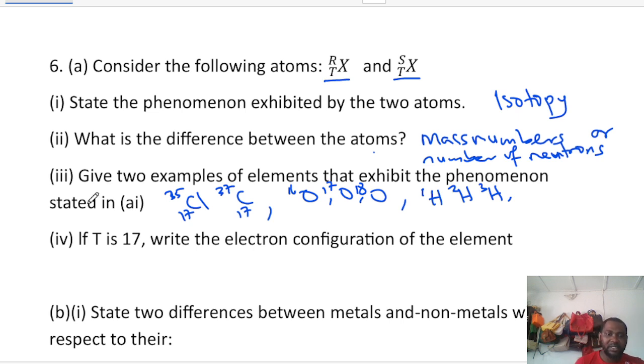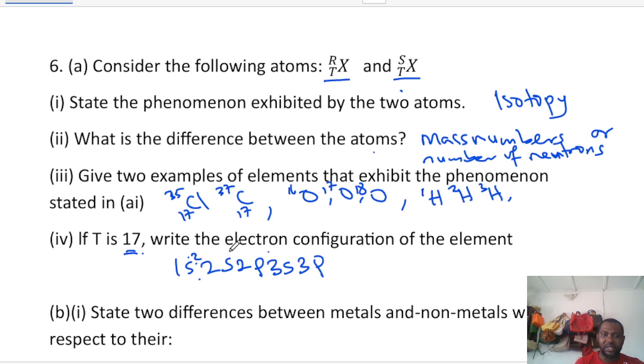Now the next one says if T is 17, that's the atomic number, write the electron configuration for the element. 17 means that it's going to be 1s2. In configuration you have 1s, after 1s is 2s, after 2s is 2p, after 2p is 3s, after 3s is 3p. S cannot take more than 2 electrons, P cannot take more than 6 electrons.